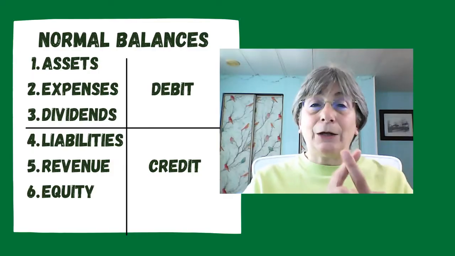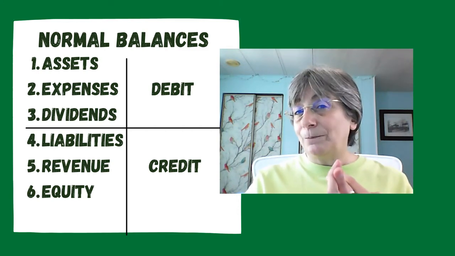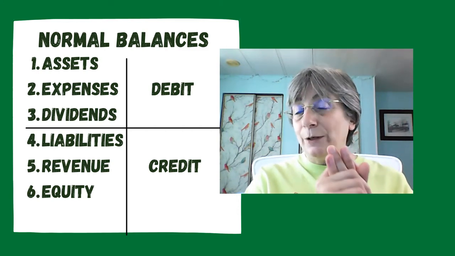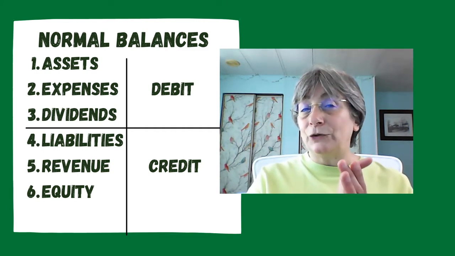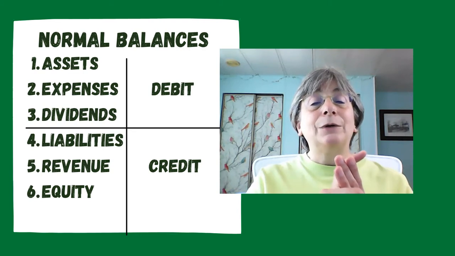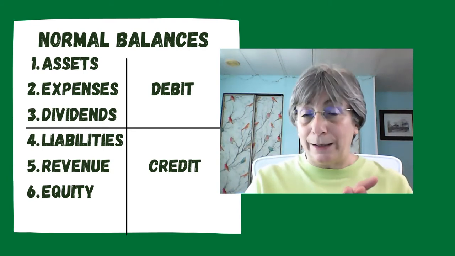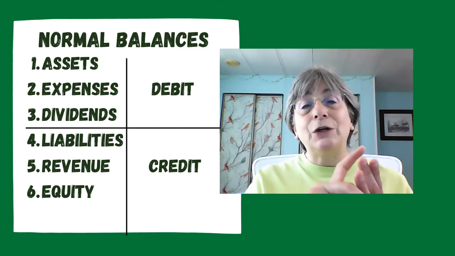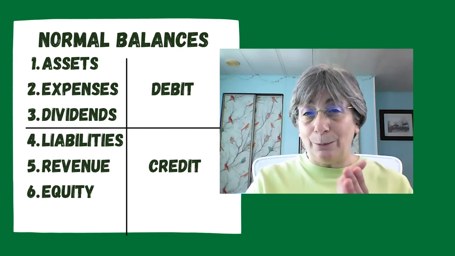These are normal balances for those particular accounts. So assets, expenses, and owner's withdrawals or dividends have a normal debit balance. So if an account has a normal debit balance, we increase that account by debiting it, and we decrease it by crediting it. So assets, expenses, dividends, owner's withdrawals have a normal debit balance.